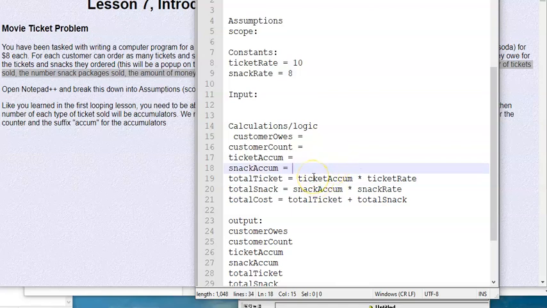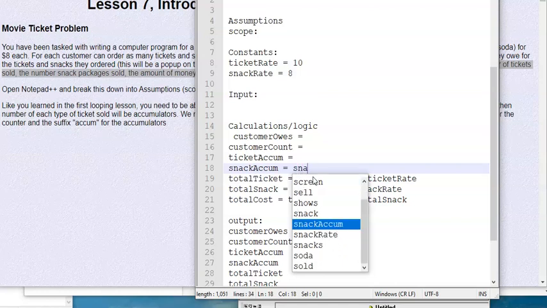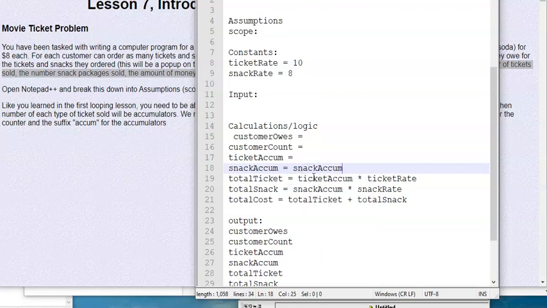Now this is your favorite because these are always going to be the same. So snack accum is going to be the snack accum. It's whatever accum equals whatever accum plus whatever you're accumulating. And that's going to be the num snacks. You can say, well, we don't have num snacks yet. Well, someone's going to have to tell us every time they order how many snacks they want.